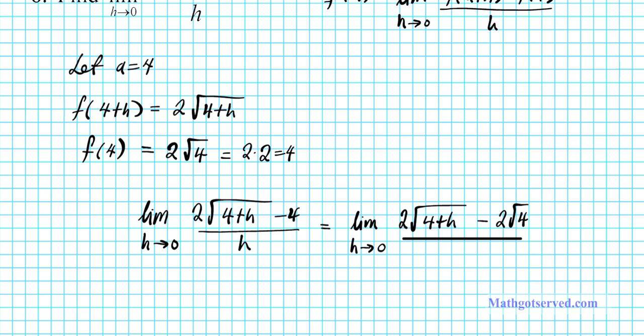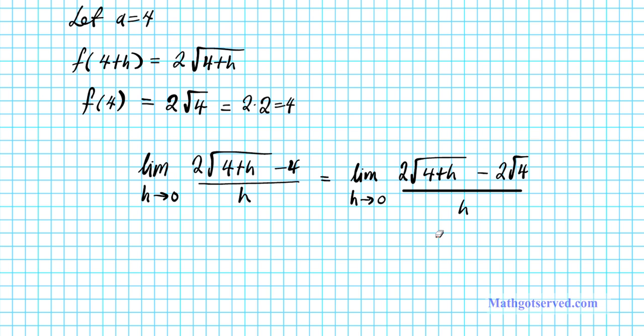Now, what this limit is telling us is to find the derivative of a function at a particular value. So what is that function? f of x is equal to 2 root x. So this limit is asking us to find the derivative of this function when x equals 4.